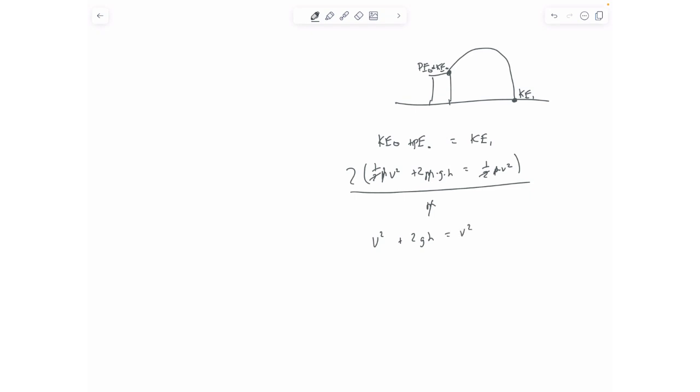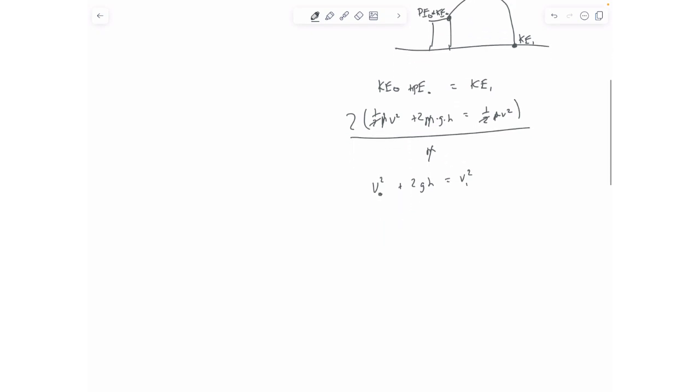Now the first v squared is the initial, and the other one is the final. The final is what we're looking for. The initial velocity is 12 meters per second. So we say 12 squared, which is 144, plus 2 times gravity, 9.8, times height, 22 meters.